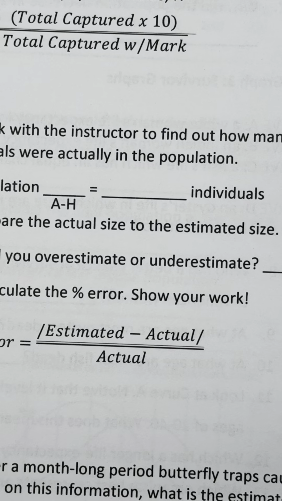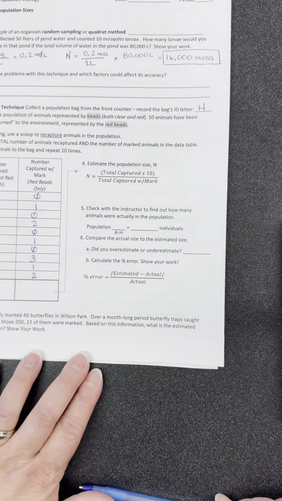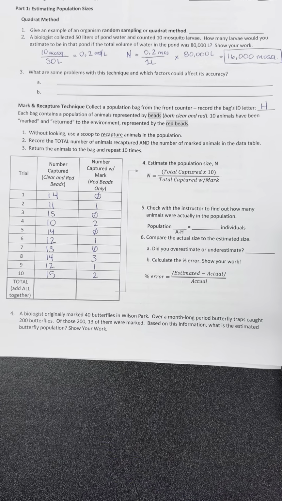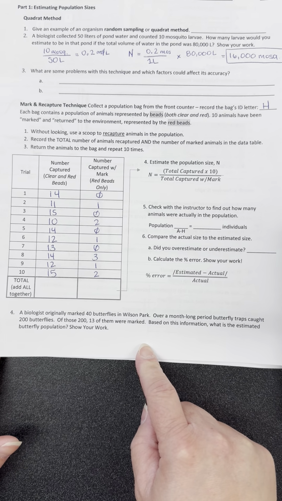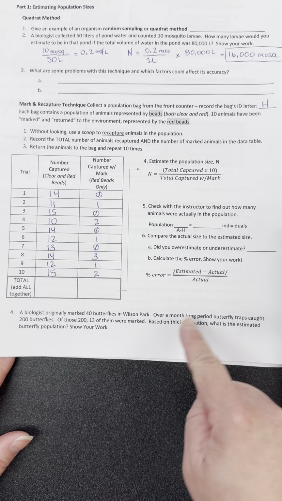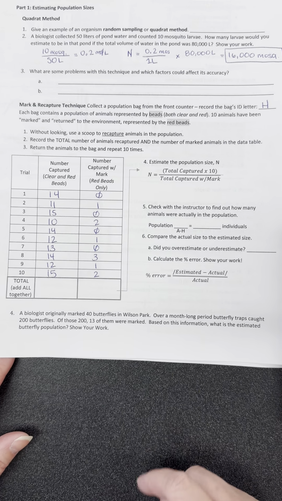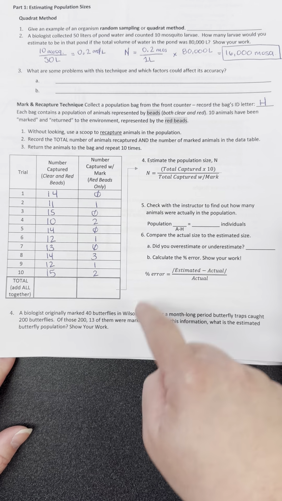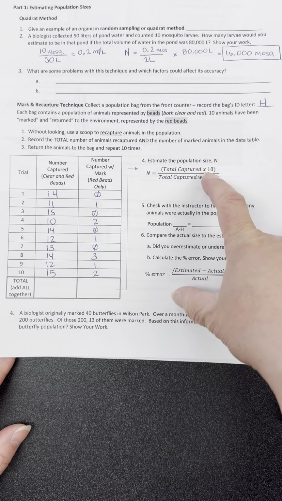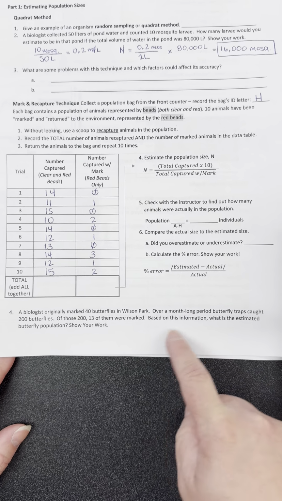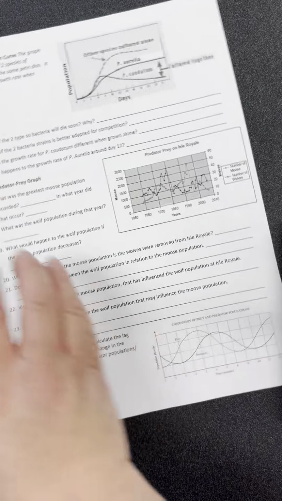From here, you should be able to finish the rest of this assignment using your population ecology notes. So here again, a little bit of easy math, very similar to what we just did here. So look at the math that you did here, and that's how you would work on this problem here.